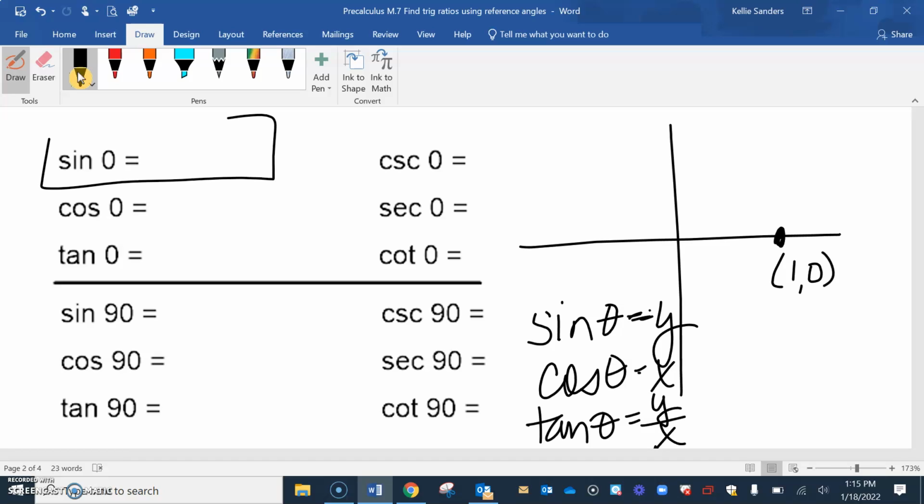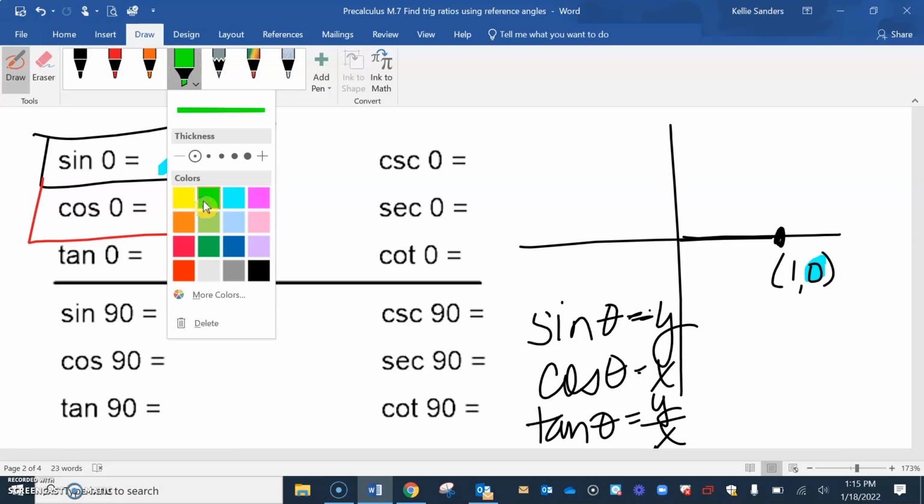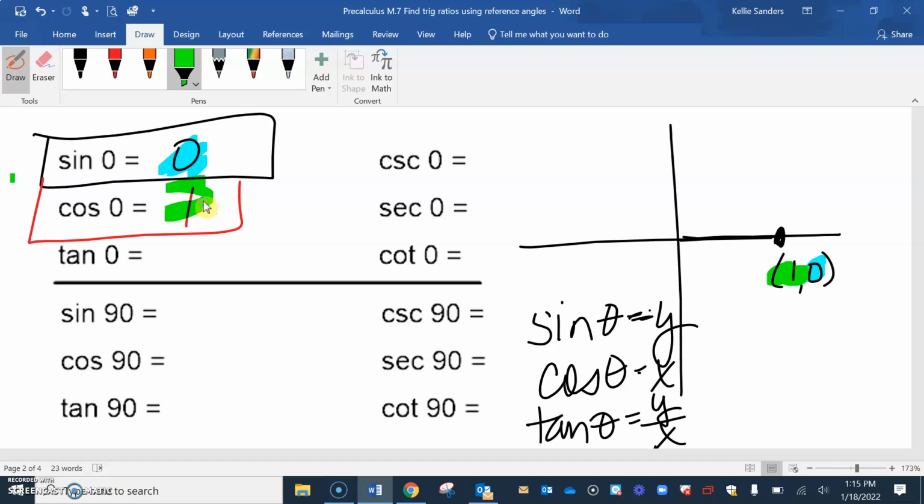So if I'm doing sine of 0 degrees, because we didn't go anywhere, we didn't go up, we didn't go down, that would be your 0, because y is 0. Your cosine of 0 is x, which is 1. And your tangent is 0 over 1. And anytime 0 is on top, then 0 is your answer. So your tangent would be 0.